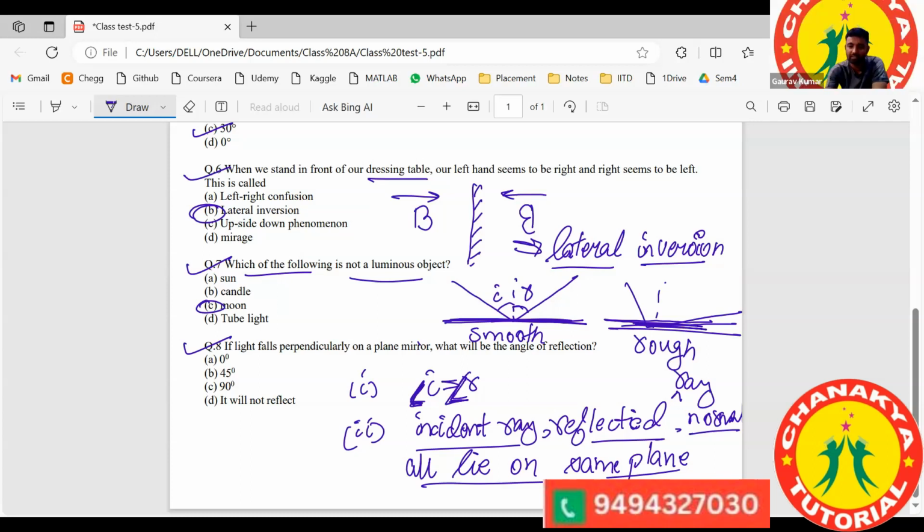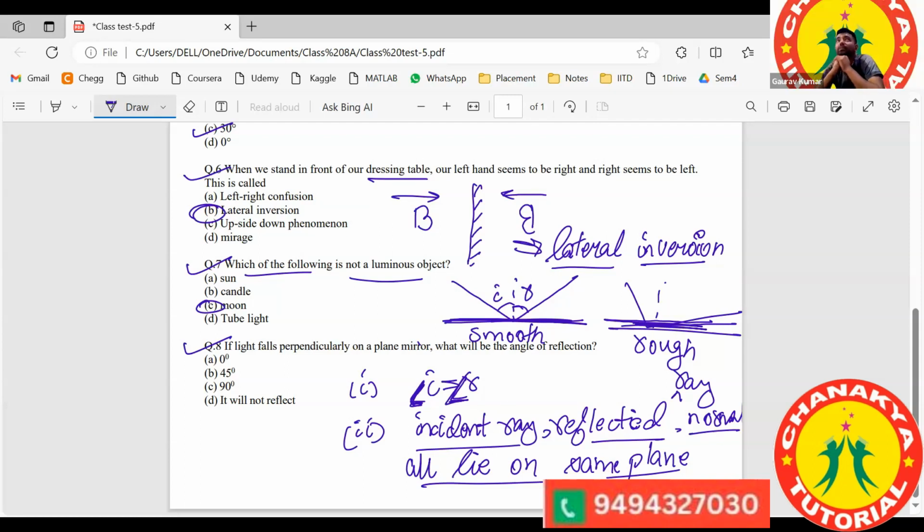Even then, if a particle or one small hill or groove is tilted and an incident ray is falling on it, that one particle will have its own normal, and with respect to that normal, the incident ray and the reflected ray will be equal, sir.